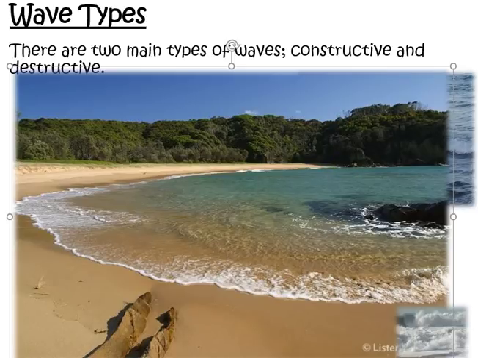So as you can see in this example, not the type of wave that you'd surf. It's the type of wave that we find in bays, like in this photograph. Low energy, low height, and they kind of surge up the beach. They've got a really strong swash and a really weak backwash.